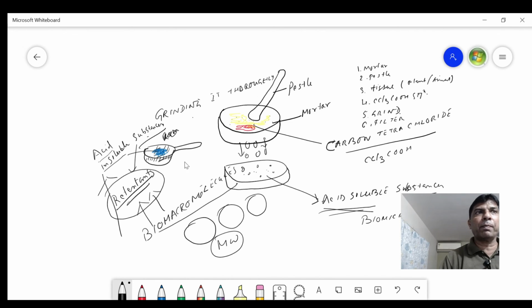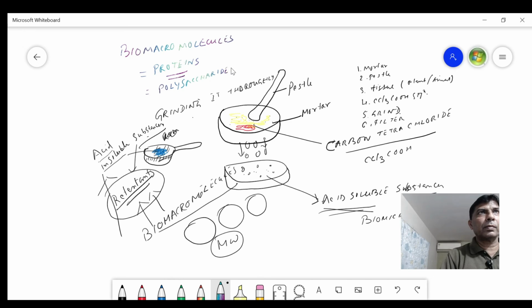Now what are the examples of biomacromolecules? The examples of biomacromolecules are proteins, then polysaccharides, then nucleic acids.